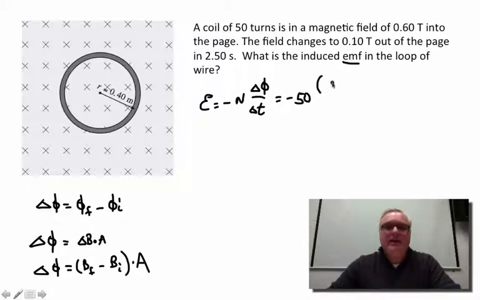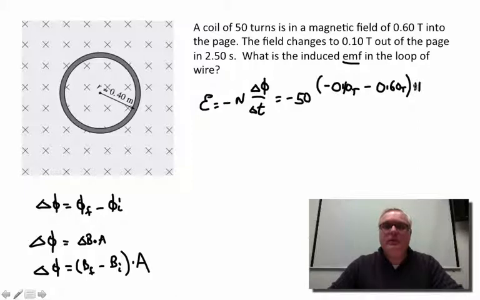So the final magnetic field, don't forget, it changes direction. So if we set the original direction into the page to be the positive direction, the final magnetic field is out of the page, so we have to put it as the opposite direction, a negative. And then we can subtract the initial magnetic field, and it's positive, but we're subtracting it, so we get it into the page.